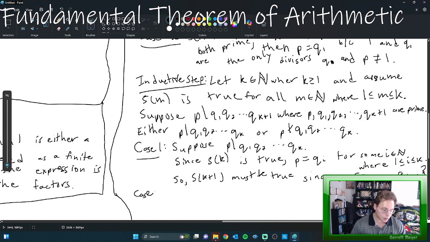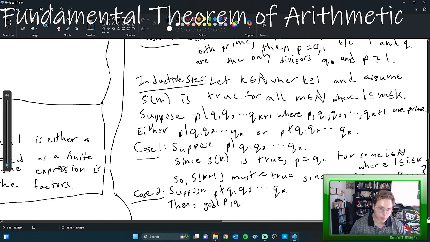Now case 2, suppose P does not divide Q1, Q2, ..., Qk. Then the GCD of P and Q1, Q2, ..., Qk equals 1.